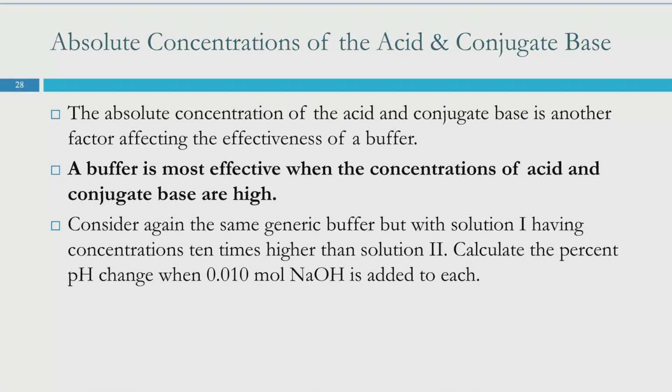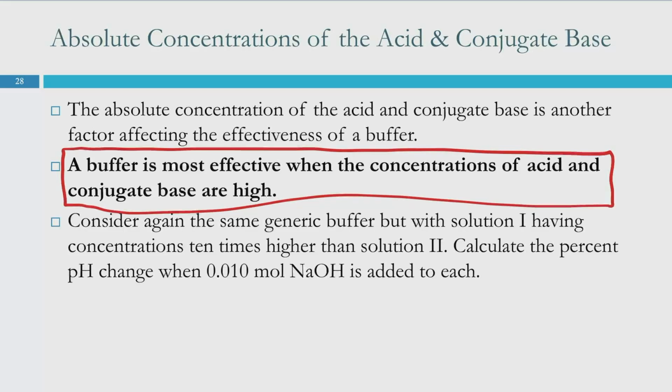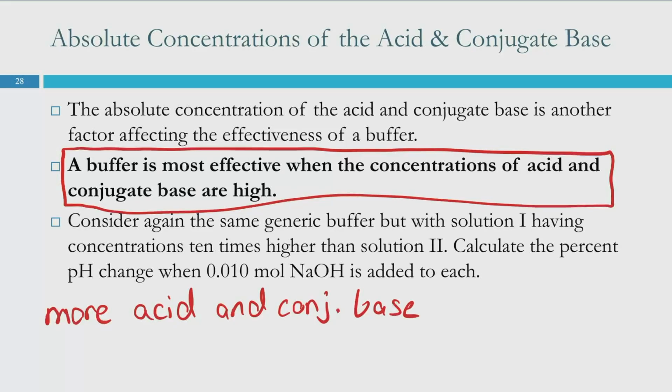Our absolute concentrations also make a difference. So we've been looking at the relative numbers, like one compared to the other, but the actual amount that we put in is also important. Our buffer is most effective when the concentrations are high. More acid and conjugate base, still with the same ratio, means more buffer power.